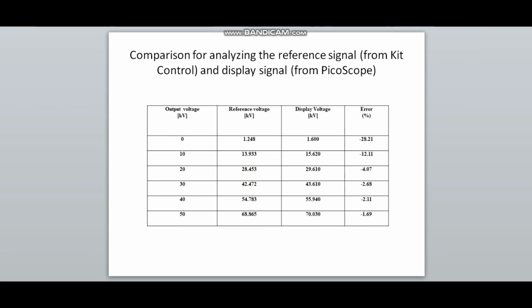So the error is negative 2.68. For 40%, the reference voltage is 54.783 and the display voltage is 55.94. So the error is negative 2.11. And finally, for 50%, it has the lowest error, that is negative 1.69.